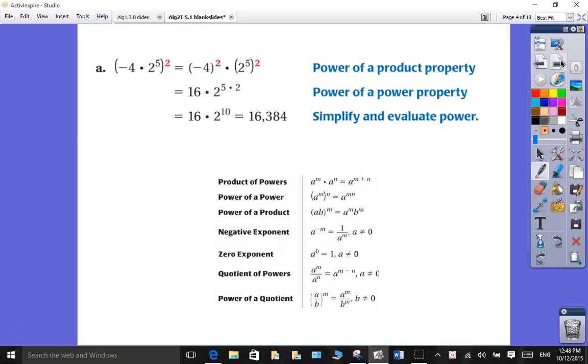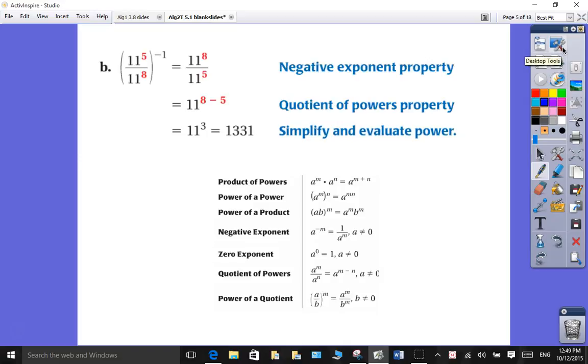I would say 2 to the 10th is 2 to the 5th times 2 to the 5th. And I know 2 to the 5th is 32. So it's not that hard to do a quick 32 times 32. And then you could do the times of 16. So that's their example. We'll get some "you tries" stuck in here too.